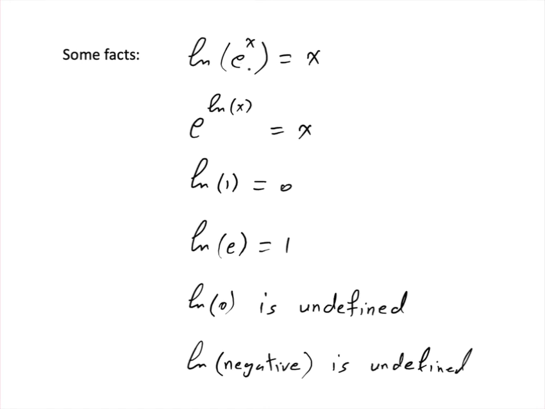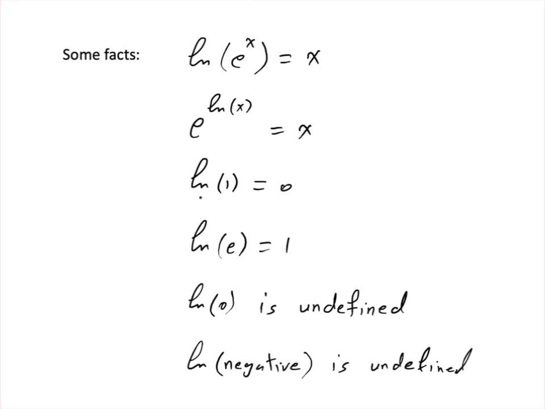Because they're inverses of one another, ln will undo everything that e did to the x, so it gives you x back. So here's the same concept in reverse. x goes into ln, and then the result of that goes into the exponential function. An exponential function would undo what ln did to x, because they're inverses of one another, and you get x.